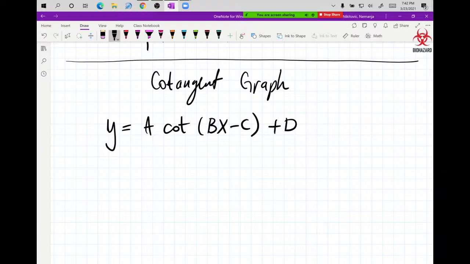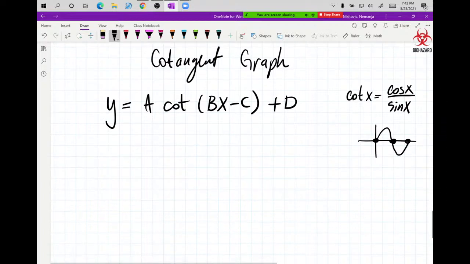So it's similar to tangent, but the midpoint calculation is completely different, and that's why it tends to be sometimes tricky. So cotangent of x is cosine x over sine x. So anytime sine has a 0, cotangent will have a vertical asymptote.